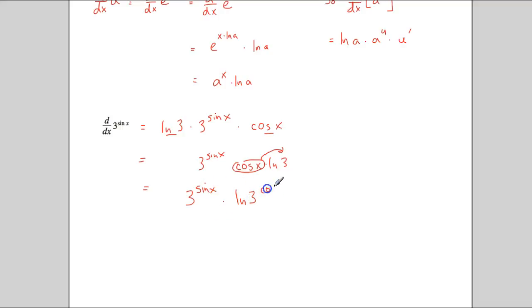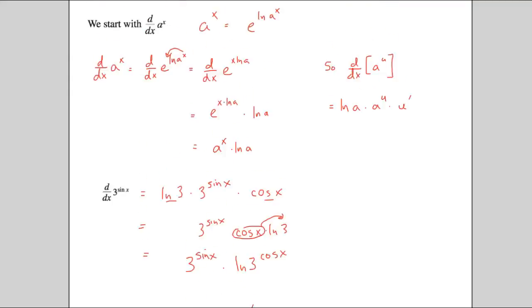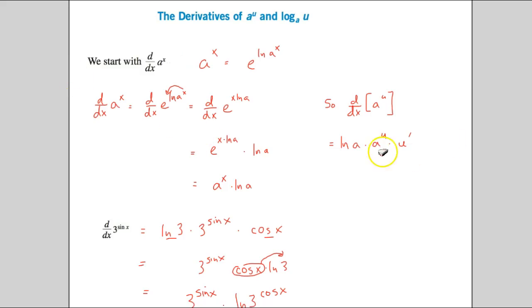I like to write it as 3 to the power times the natural log of 3 to the derivative of the power. So it's a to the u times the natural log of a to the u prime. That's the way I like to write this. And if you look at the original formula, that's exactly what happened.